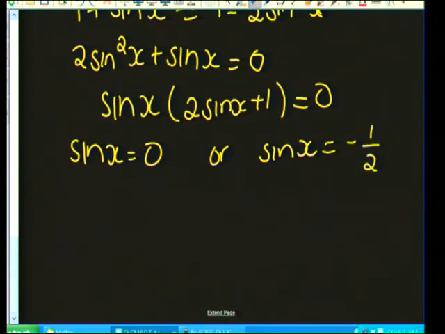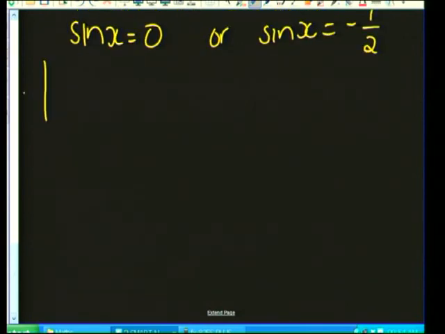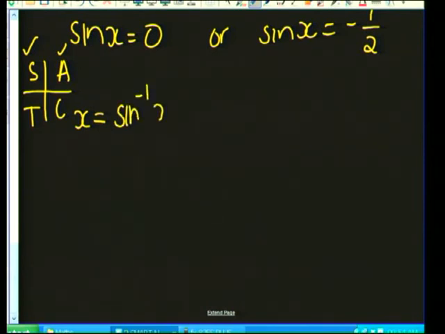Now let's find the solutions. If you look at CAST, sine is positive, cos there and there. So x would equal, in that quadrant, just as it is, the inverse sine of 0, which is 0 degrees.